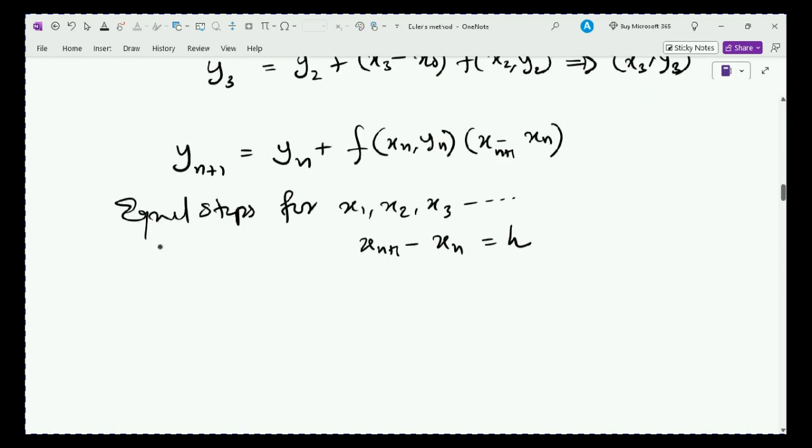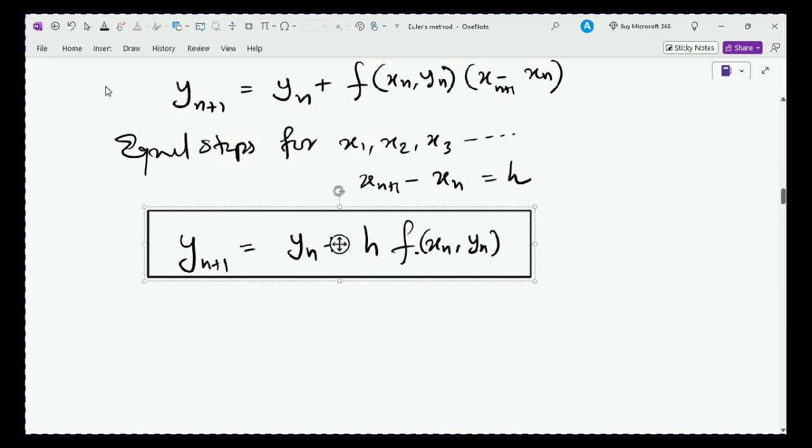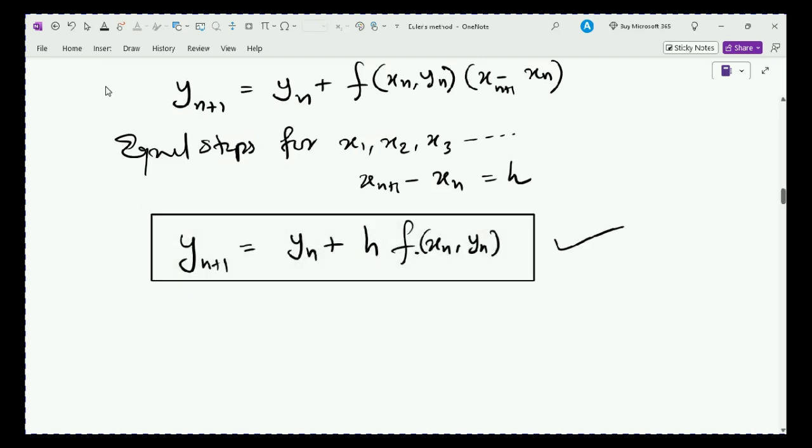So this equation can be written as yn plus 1 equal to yn plus h f of xn yn. Okay, so this is the basic equation for solving a first order ordinary differential equation using Euler's method. This is the general equation.